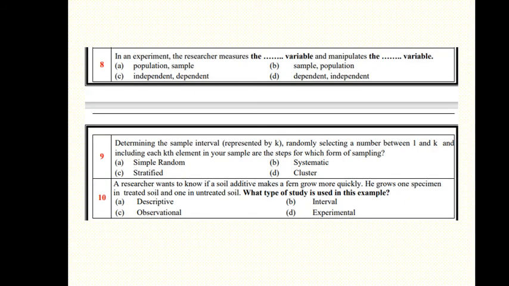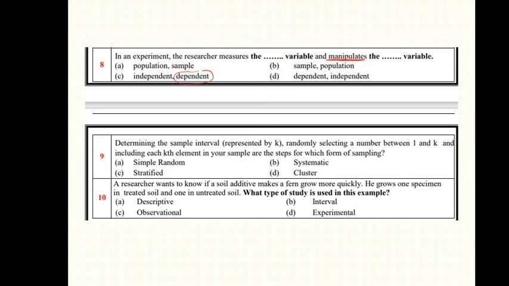Now, in an experiment, the researcher measures a variable and manipulates a variable. Which variable does the researcher measure? The dependent variable, and he manipulates, do you remember the drug? He gives the drug and tests the blood pressure.